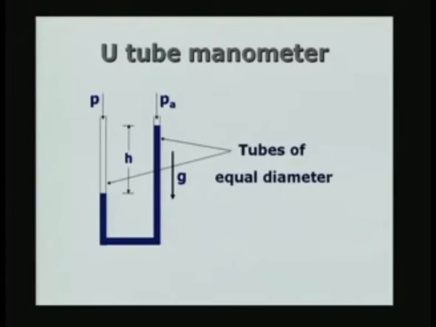The manometer liquid can be mercury, in the case of a mercury U tube manometer, it could be a medium like water in a water manometer. Sometimes we use other liquids, some organic liquids are also used, for example kerosene can be used as the liquid.